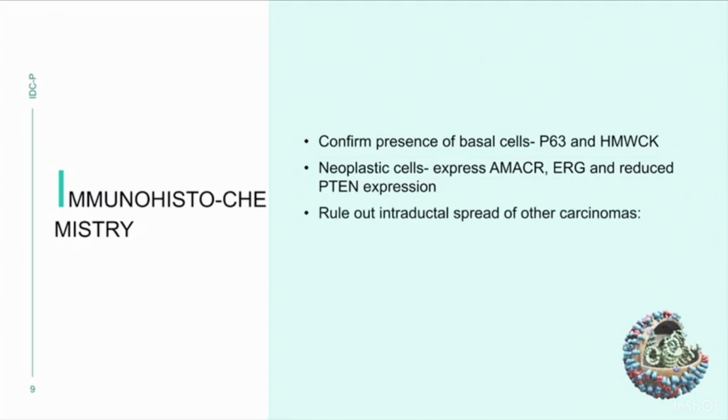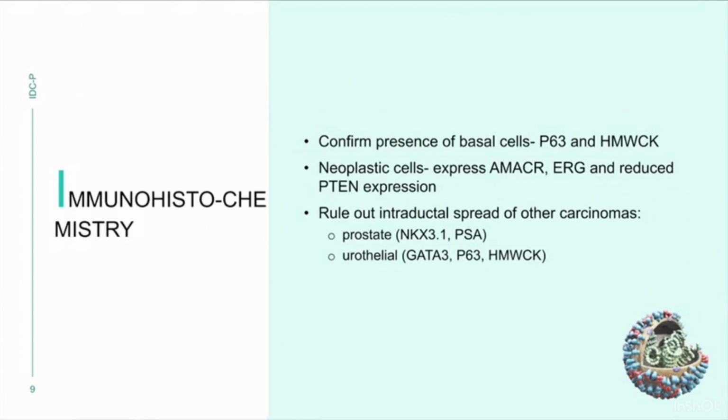Now, to rule out intraductal spread of other carcinomas: in prostate carcinoma there will be NKX3.1 positivity and PSA positivity, so to confirm prostate origin we can use these markers. If it is a urothelial carcinoma metastasis or extension, you will have GATA3 positive.